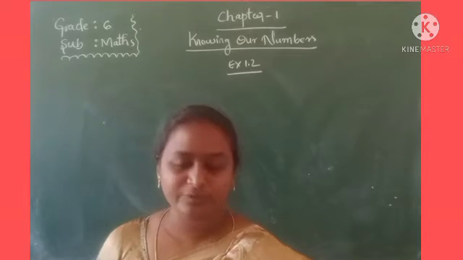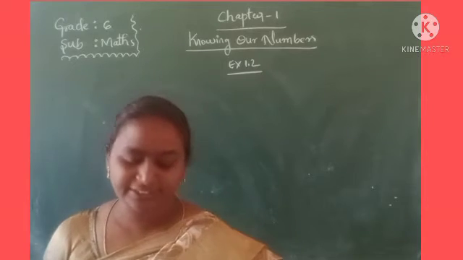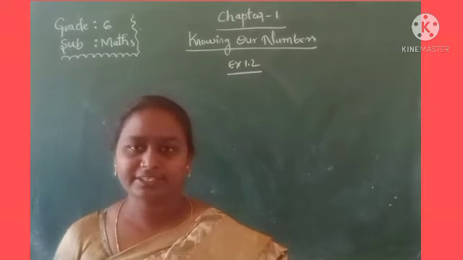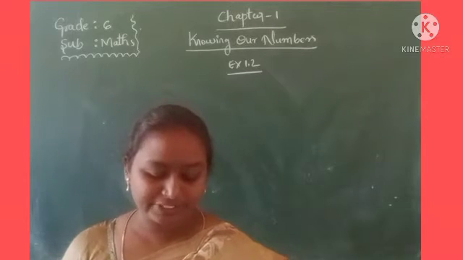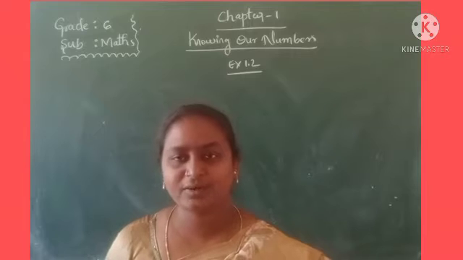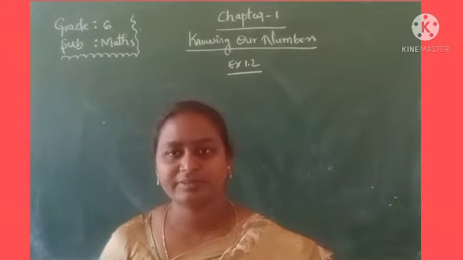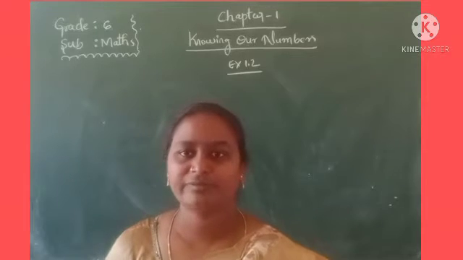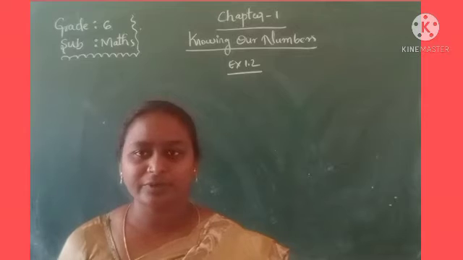And on the fourth day, the final day, 2751. Then what do you have to find here? The total number of tickets sold in all the days. Total means what you have to do? Very good, addition. You have to add the number of tickets sold on the 4 days.